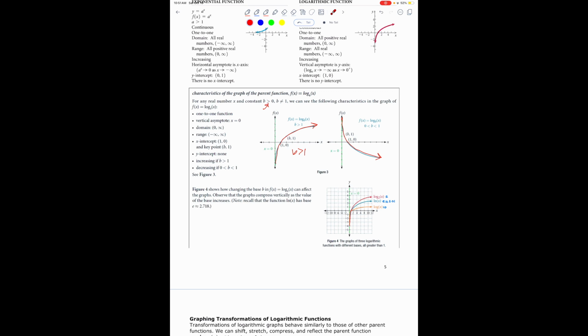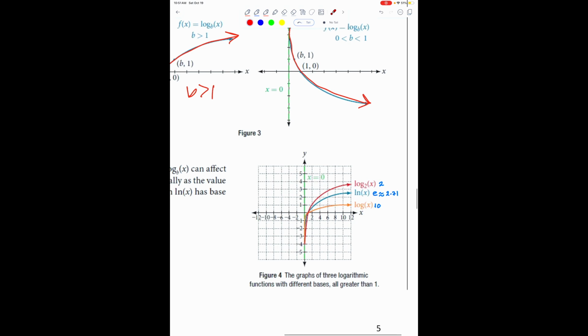And this is the highest graph, or the furthest from the x-axis. And then the natural logarithm of x is the blue graph. And as you can see here, the base is e, which is 2.718282. So it becomes a little bit closer to the x-axis.